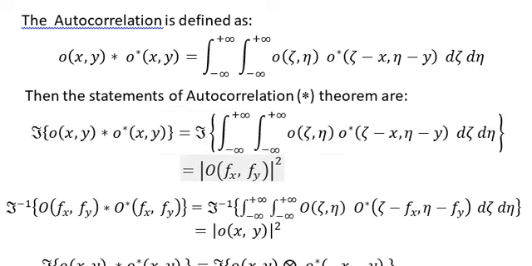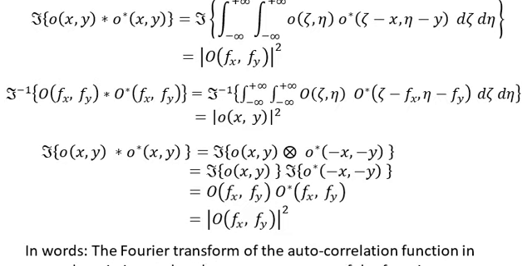And we have written that the output of this integral is equal to the absolute mod square of the capital O, which is the Fourier transform, capital O at the coordinates fx comma fy. So the autocorrelation of the two functions will give you the absolute square of the spectrum at the points fx comma fy. So this is actually the energy spectrum.